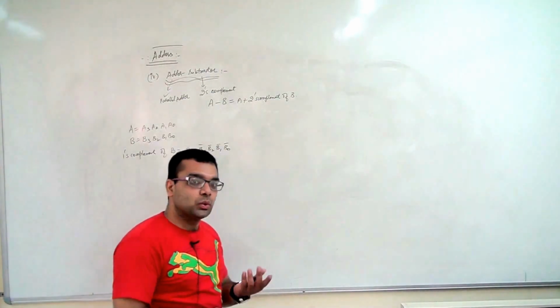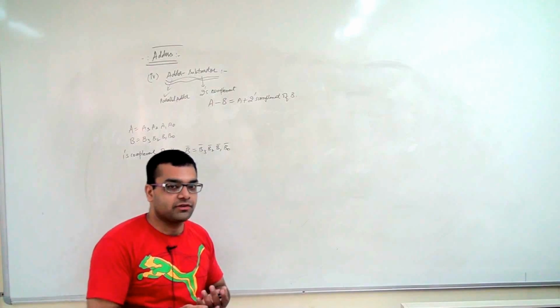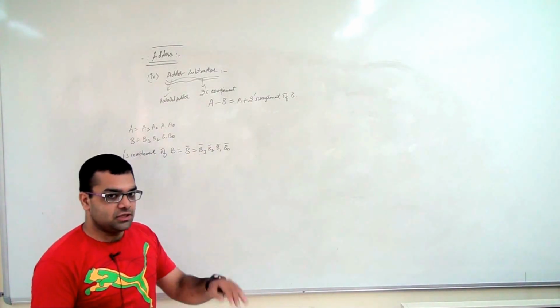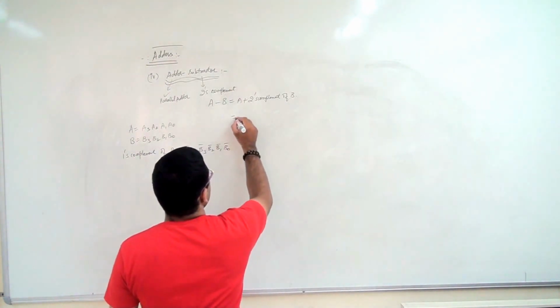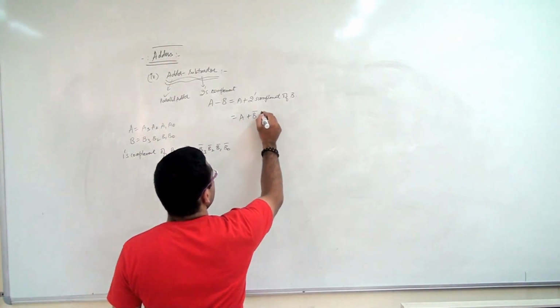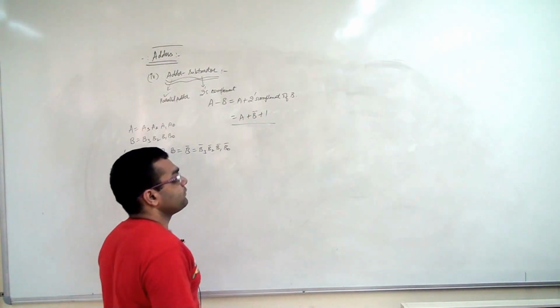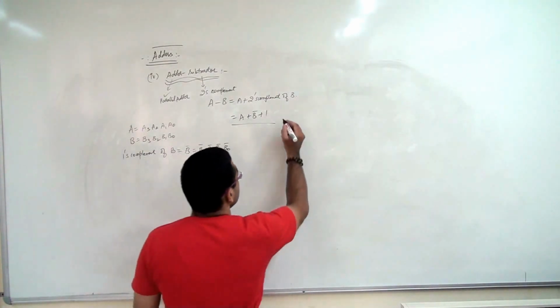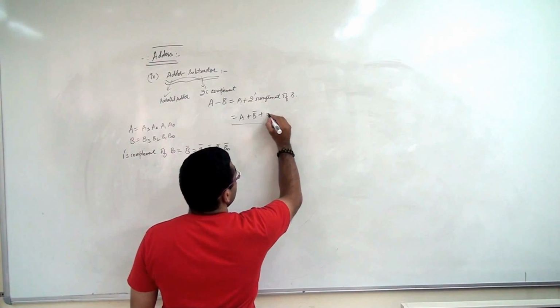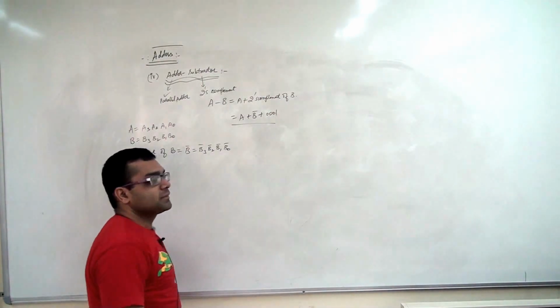This is what actually we do, isn't it? In ones complement we invert the bits. 0 we replace by 1, 1 we replace by 0. So actually what we are doing is a plus b bar plus 1. Or to be more precise, there are 4 bits, so this 1 is actually 0 0 0 1, isn't it?